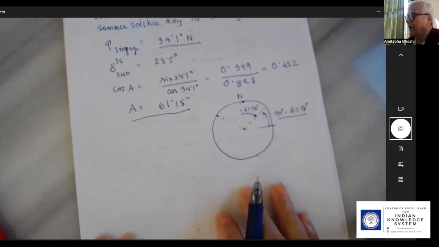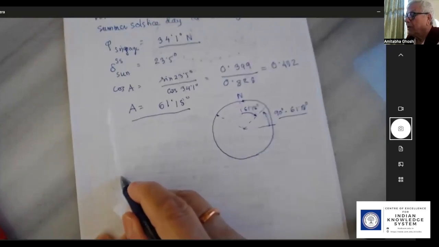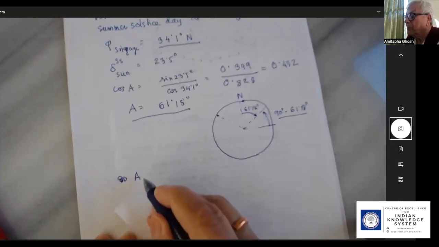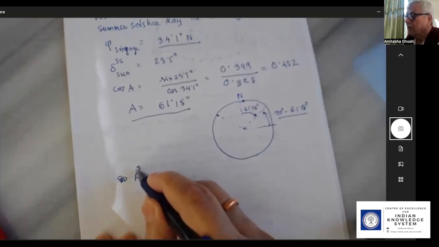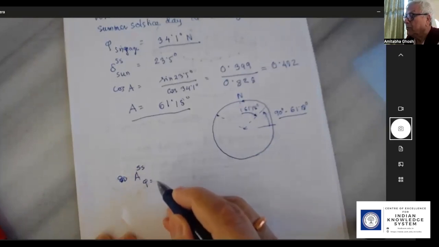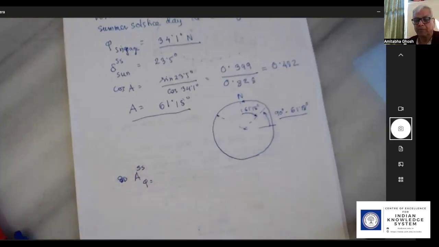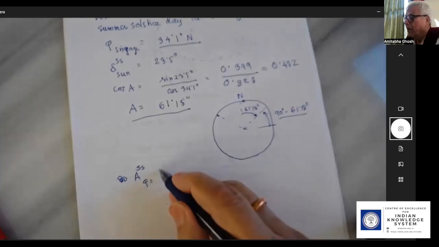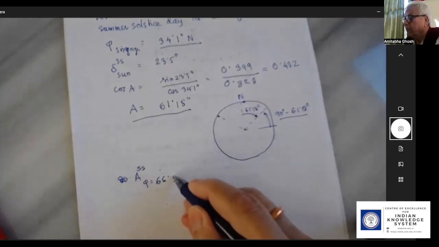Now, say interestingly, if I ask you, what will be the azimuth of sunrise on summer solstice day at phi is equal to 66.5.